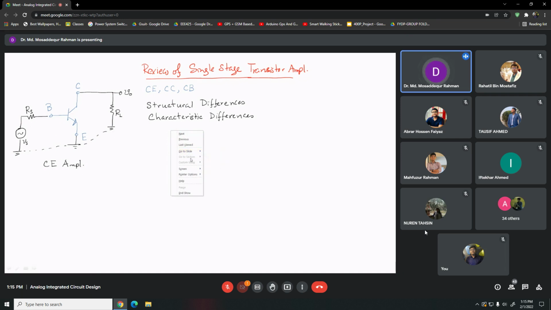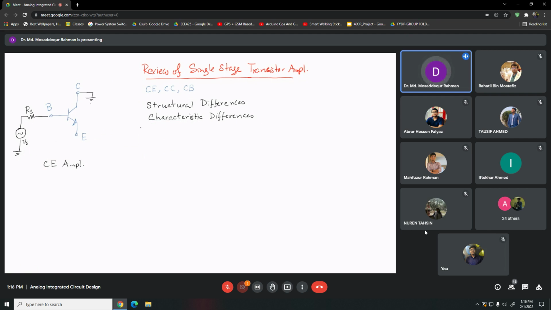So then common collector, when you say common collector, what do we do? In common collector, we'll ground the collector.